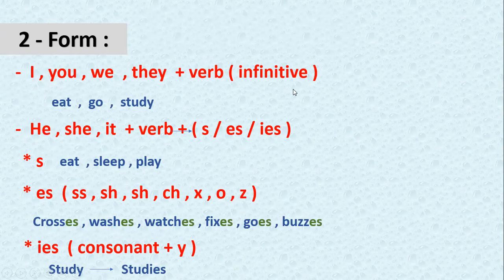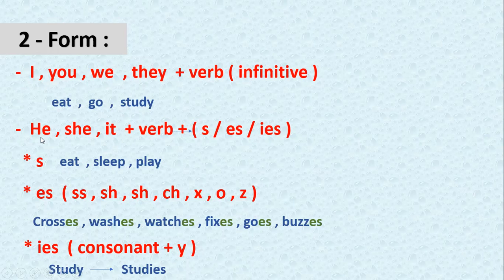What is the meaning of the infinitive form? It means the root of the verb without adding anything to the verb, without adding s, ing, or anything. Like I eat, you eat, we eat, they eat, go, study, and so on. We don't add anything to the verb, all right? So we don't add anything to the verb with I, you, we, and they.